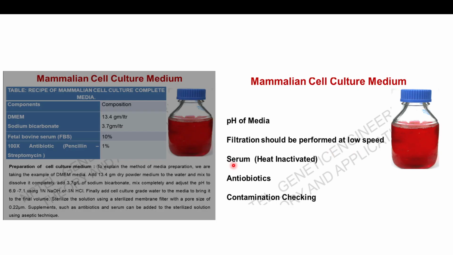Then you have heat inactivated serums. Serum has different kinds of proteins or antibodies rather, which have to be heat inactivated so that they don't interfere with the culture, like propagation of mammalian cells. Then there are antibiotics to help prevent any kind of bacterial or fungal contamination.